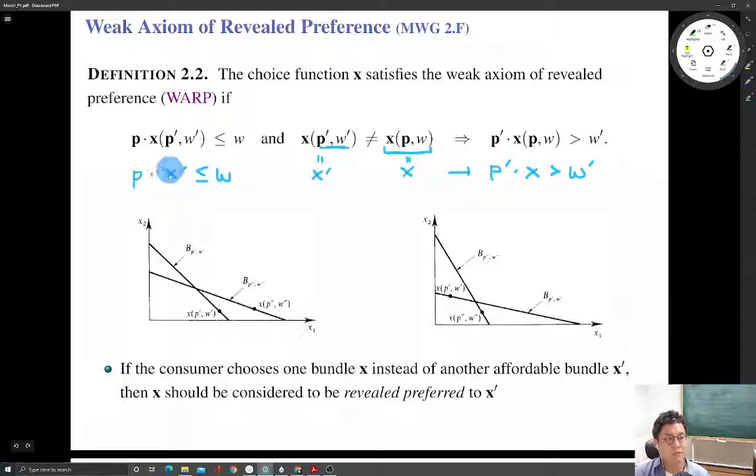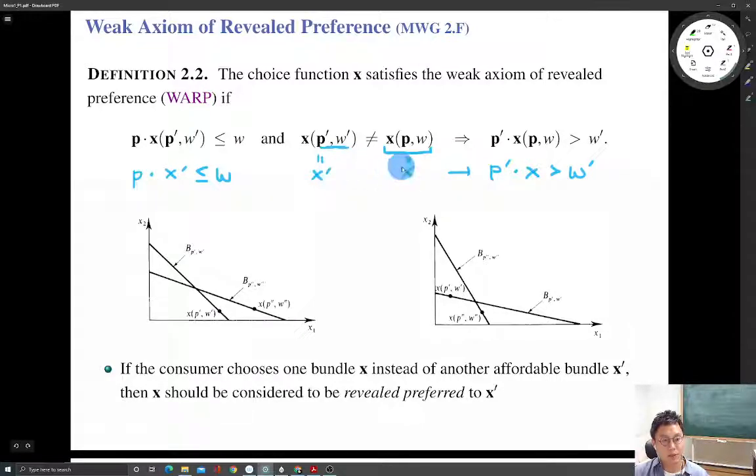This choice is affordable because the total expenditure for this one does not exceed the current wealth. And by definition of this bundle X, that was the chosen bundle under this current budget set. This bundle was also affordable, right?